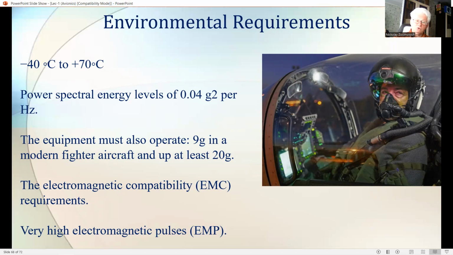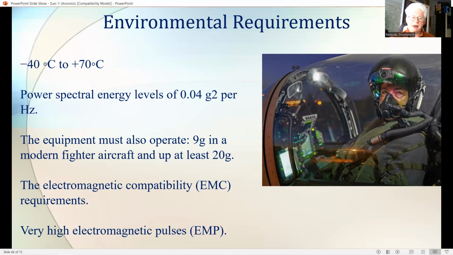The equipment must not exceed the specified emissions level for a very wide range of radio frequencies, and must not be susceptible to external sources of very high levels of RF energy over a very wide frequency band.